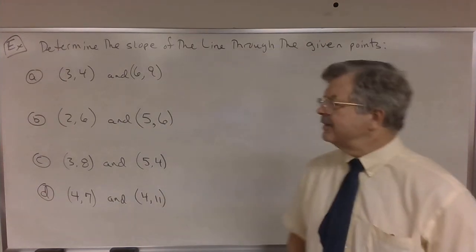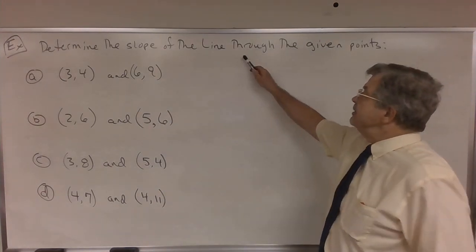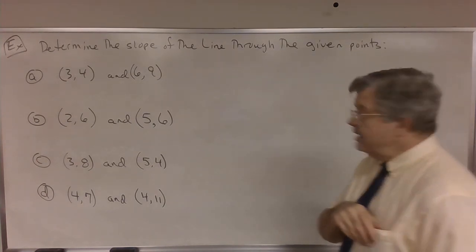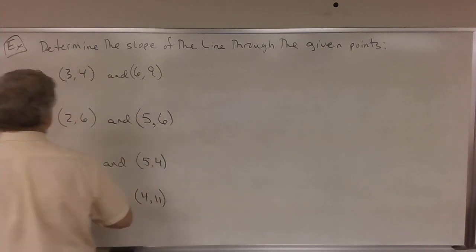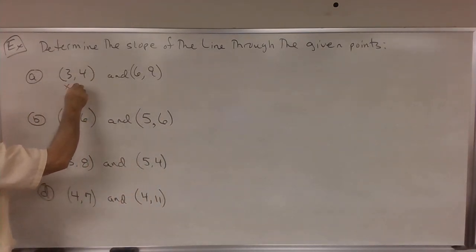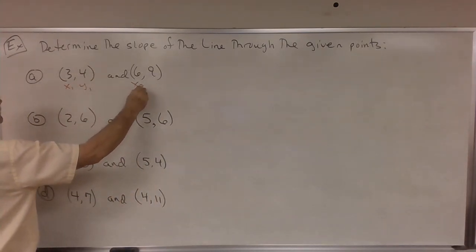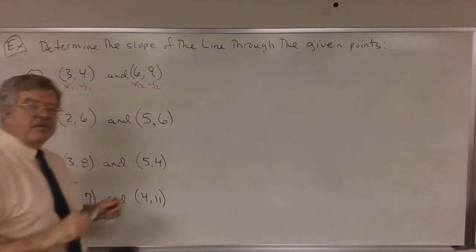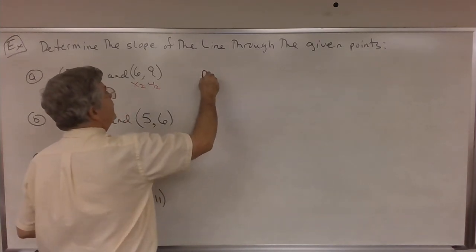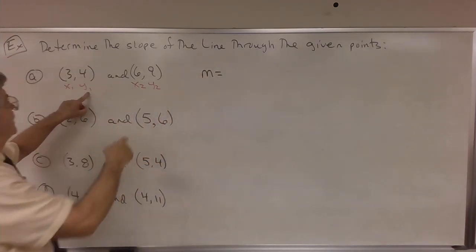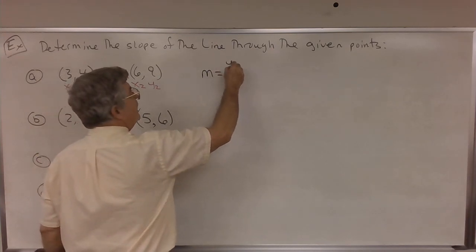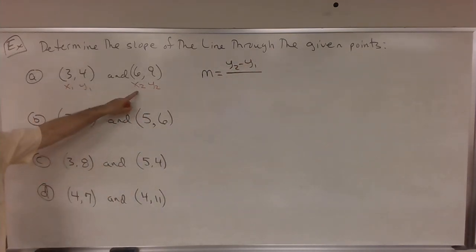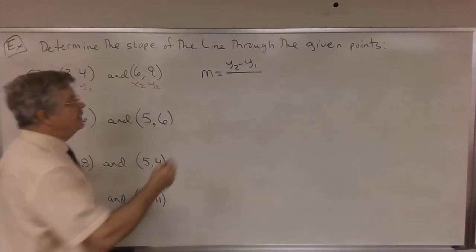Okay, here we have a few examples. Determine the slope of the line through the given points. So here are our given points: x1, y1, x2, y2. And remember the formula for slope. m equals y2 minus y1, the change in y, over the change in x, x2 minus x1.